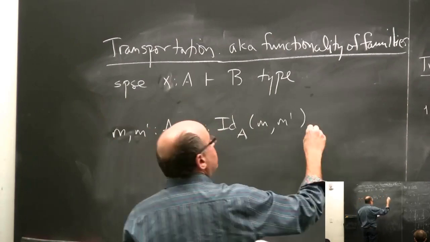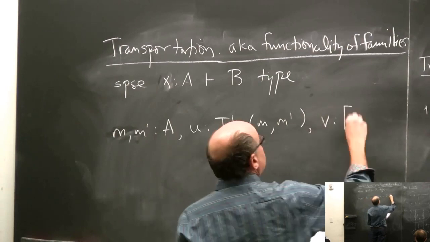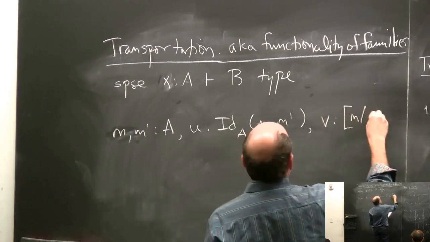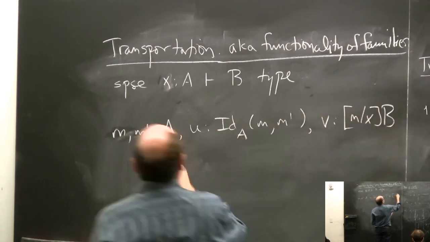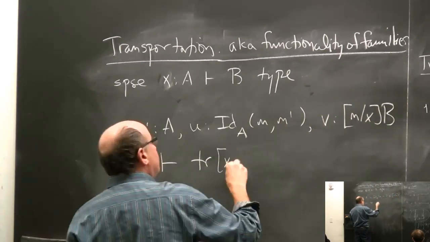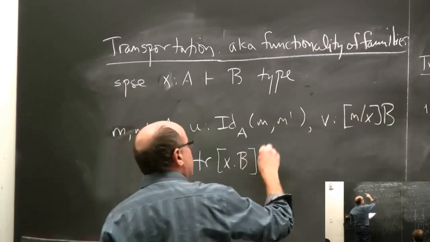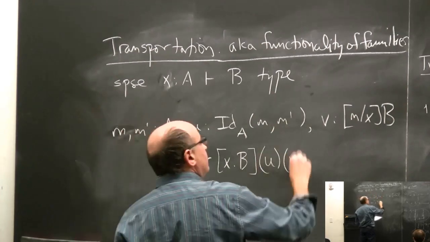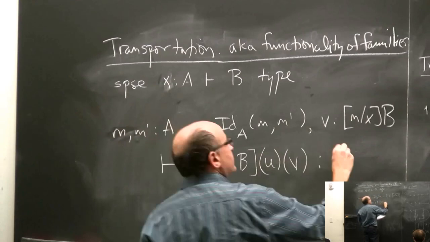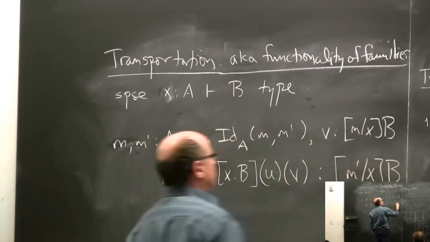Okay, and I have V, which is in B of M, for the family x dot B. Then there's a map called transport, which is written like this, for the family x dot B that I'm dealing with here. So that takes U and V, which gives me something in B of M prime.